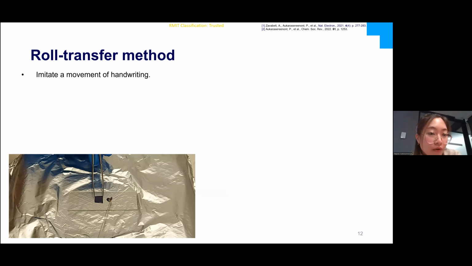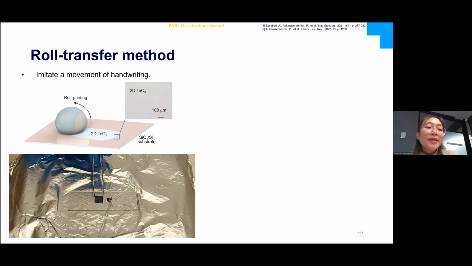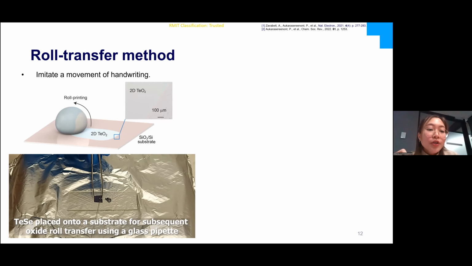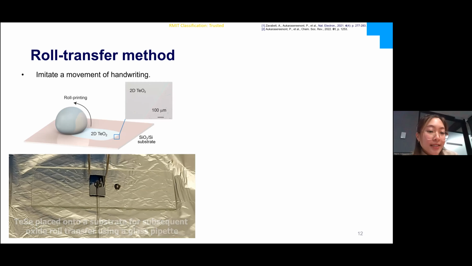The next one is the roll transfer method. This one just imitates the movement of handwriting, but instead of using a pen or pencil, you are using a glass pipette to drag the liquid metal across the surface of the substrate.